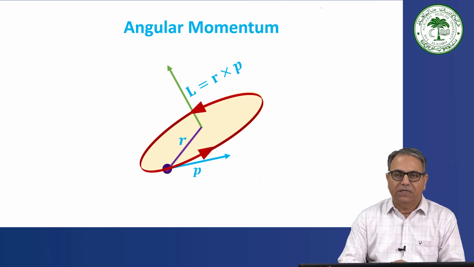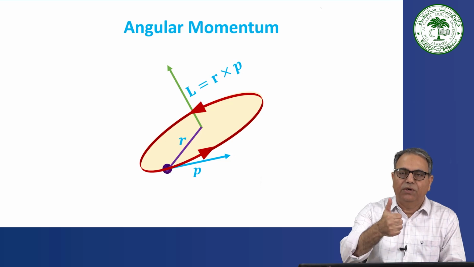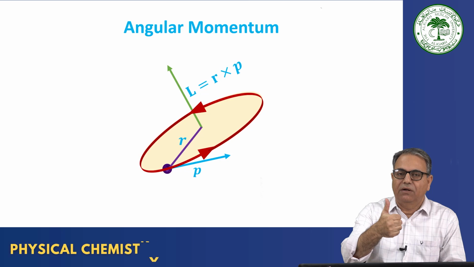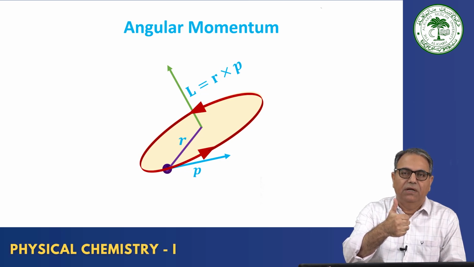This angular momentum property, you must have read in your physics textbook that when you curl your right hand, then the angular momentum is a vector property. So the curled fingers indicate the direction of the circular motion, and your thumb tells you the direction of the angular momentum.